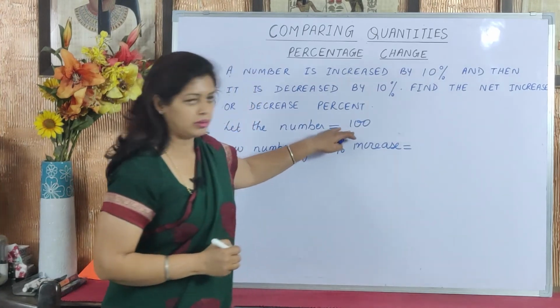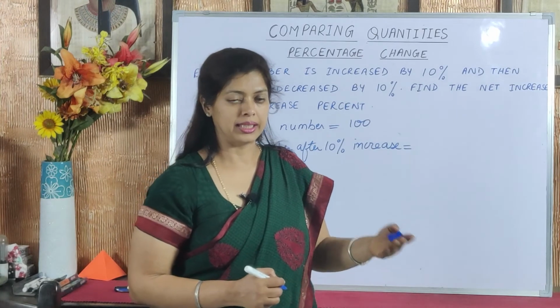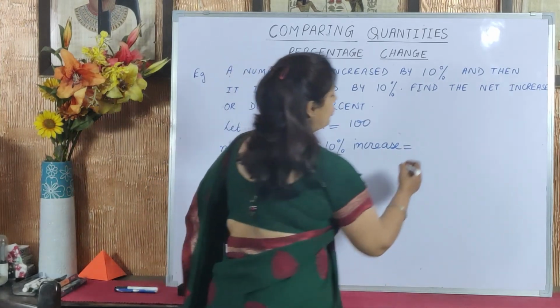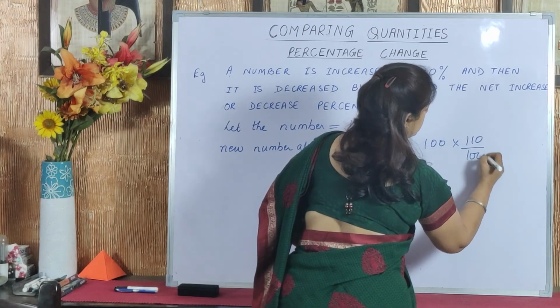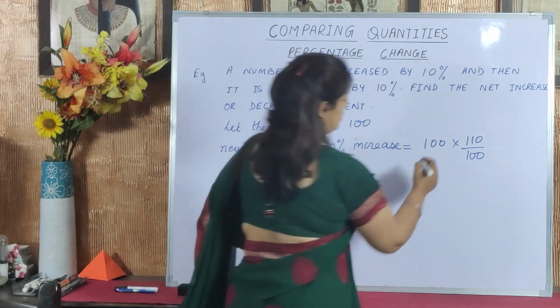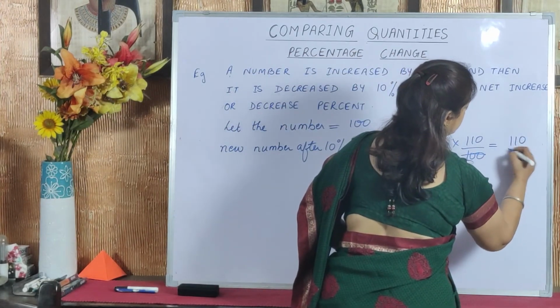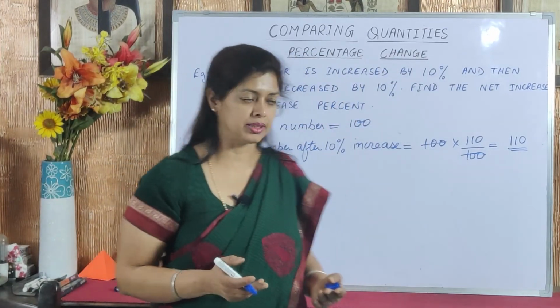One way is to find 10% of 100 and add it to 100. That is 100 plus 10, which is 110. Or we can directly find the new number by multiplying with 110 upon 100 for the 10% increase. So 100 gets cancelled. I am left with 110.